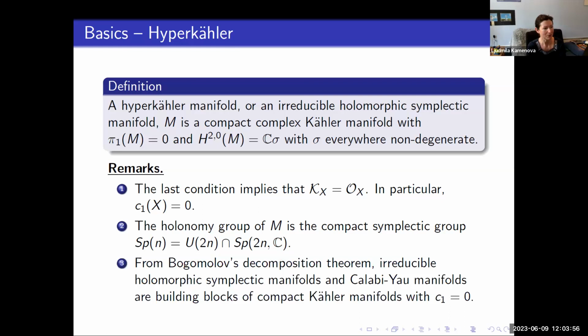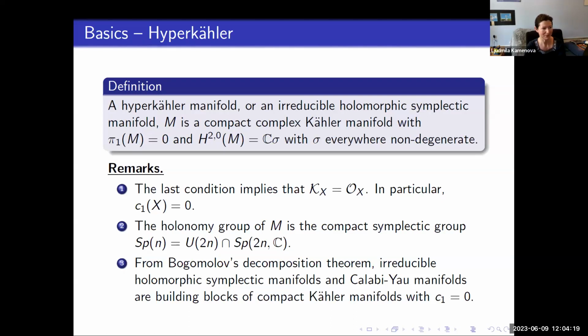And by Bogomolov's decomposition theorem, if you have a compact Kähler manifold with trivial first Chern class, it decomposes locally as irreducible hyperkählers, Calabi-Yau manifolds, and some tori.